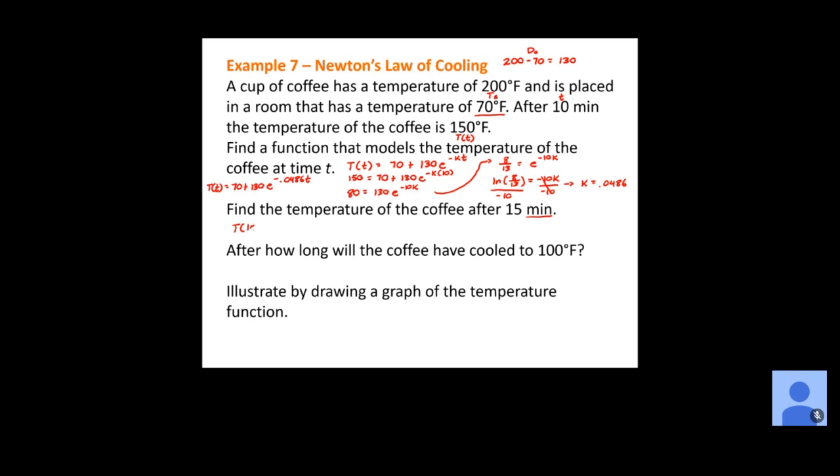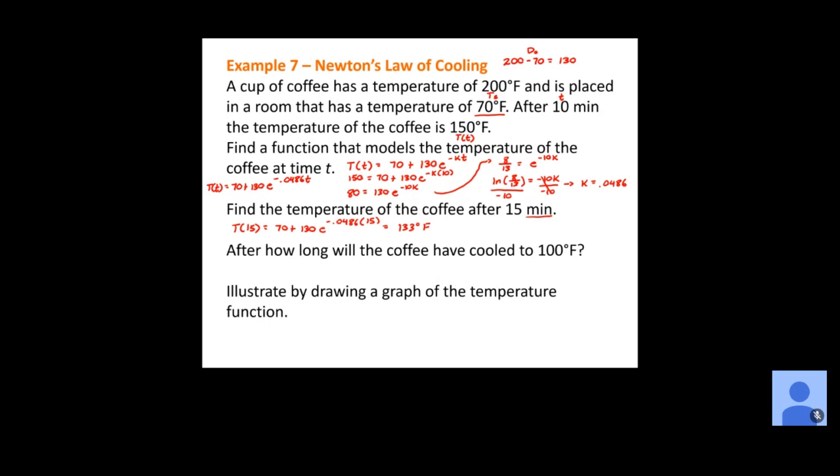T(15) equals 70 plus 130 times e to the negative 0.0486 times 15. I would just go straight to my calculator here, substitute all that in, and we should get about 133 degrees Fahrenheit.